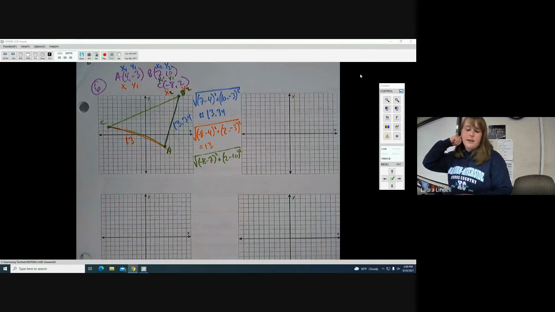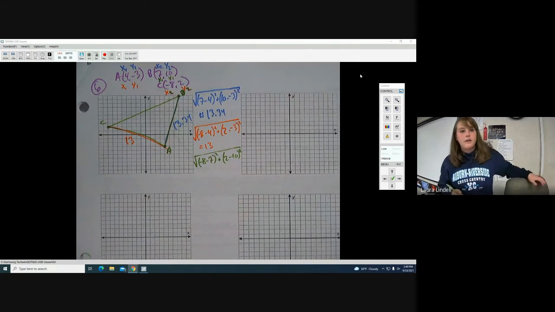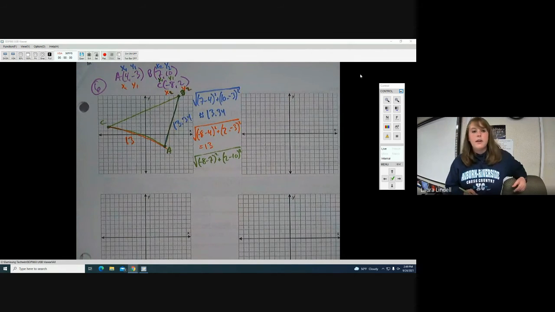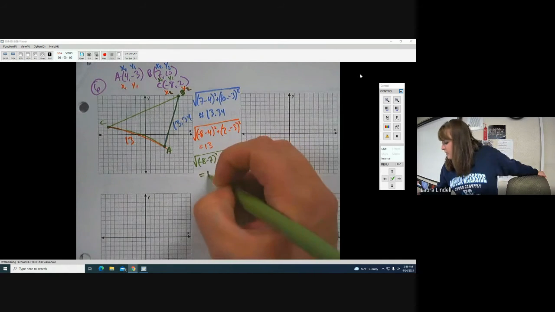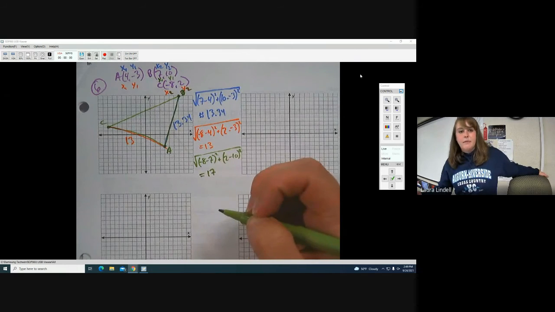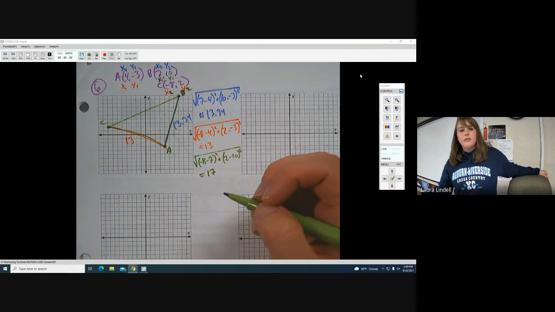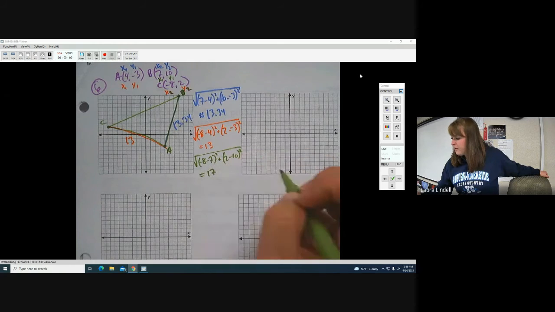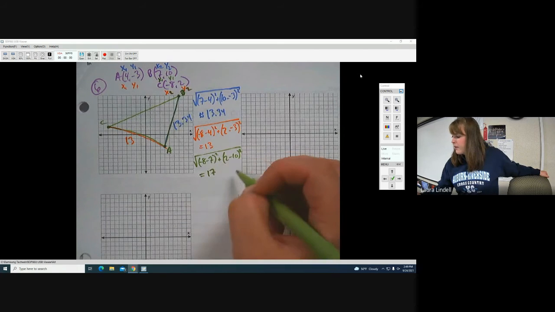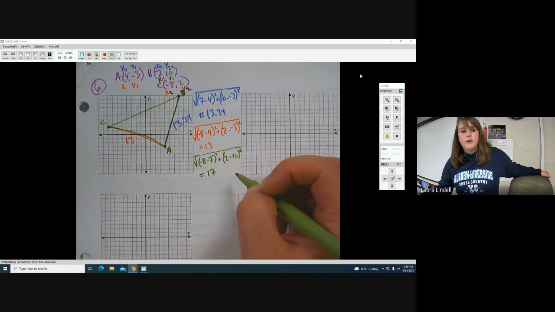Putting this into the calculator, take a minute, try it on your own, pause the video if you need to, and see what you get. When you come back, your answer that you should get for that side length is 17 when you type it into the calculator. If you got something different, try typing it in again and make sure you include all of your parentheses and include all of your negative signs and your squares and all that good stuff.